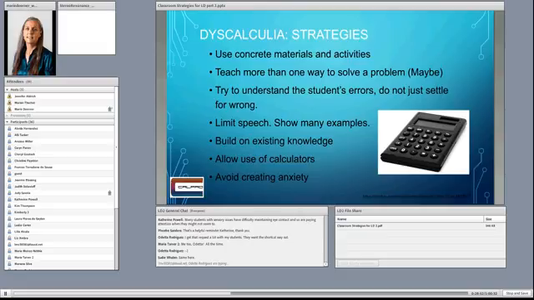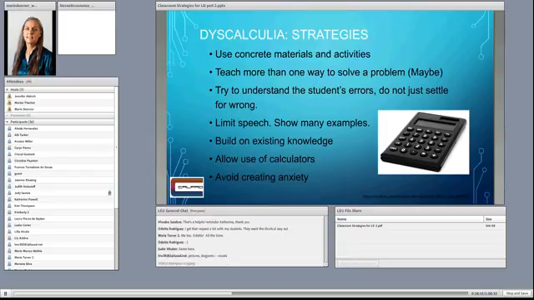Try to understand the student's errors, and don't just settle for wrong. Sometimes it's just the misplacement of a plus or minus. Sometimes they're doing the whole thing incorrectly. So it's really analysis of student error where you can. Again, I said limit speech, show many examples, show but don't tell so much.